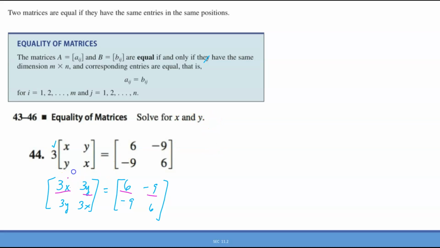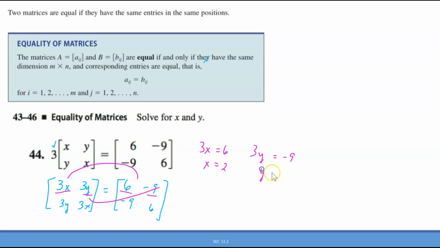We know corresponding entries have to be equal, so we take 3x equals 6, dividing by 3, we get x is equal to 2. Corresponding entries equal, so we have 3y equals -9.